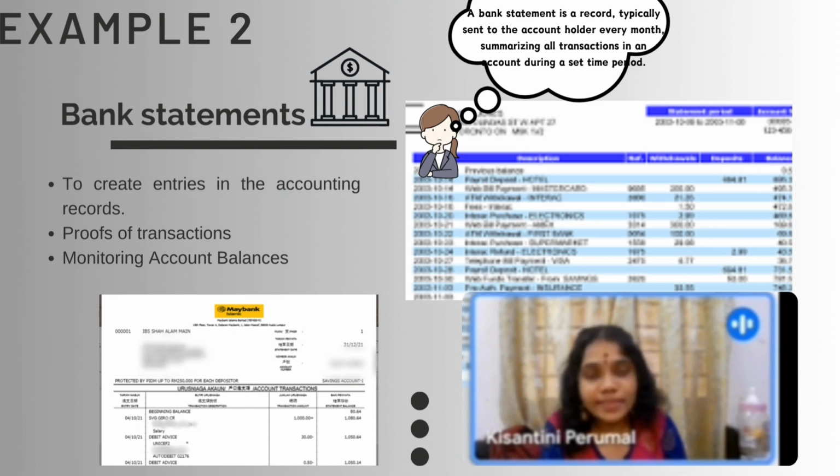Monitoring account balances. This enables companies to regularly verify the balances of their accounts. Bank statements assist companies in managing their available finances by providing details about the beginning and ending balances.